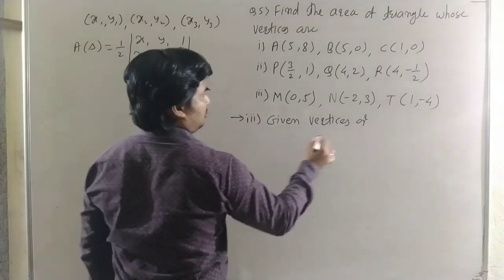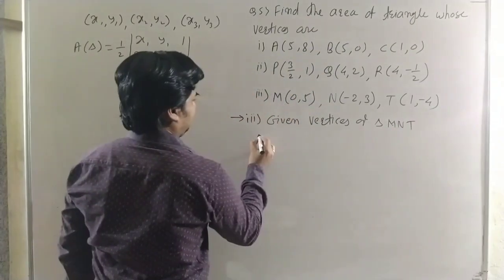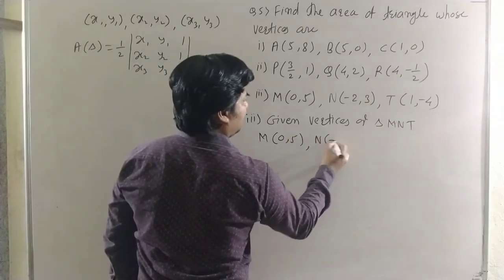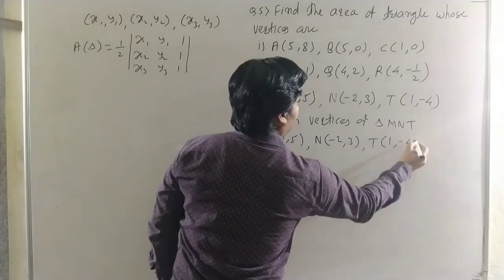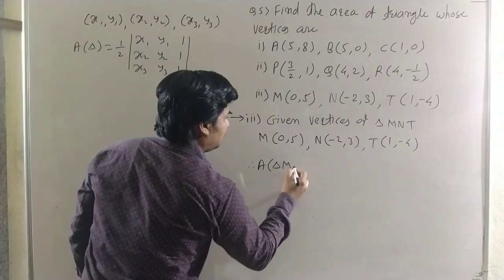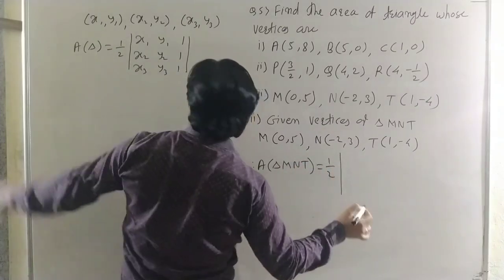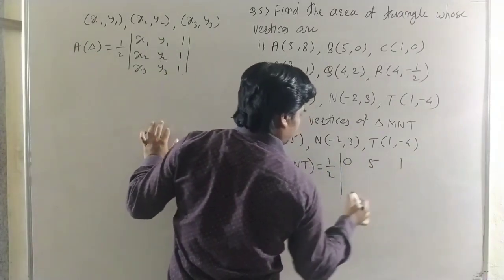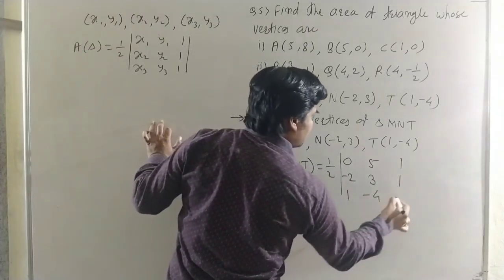Then, given the vertices of triangle MNT: M (0, 5), N (-2, 3), and T (1, -4). Therefore the area of triangle MNT is equal to 1 by 2 times the determinant, with rows 0, 5, 1; -2, 3, 1; and 1, -4, 1.